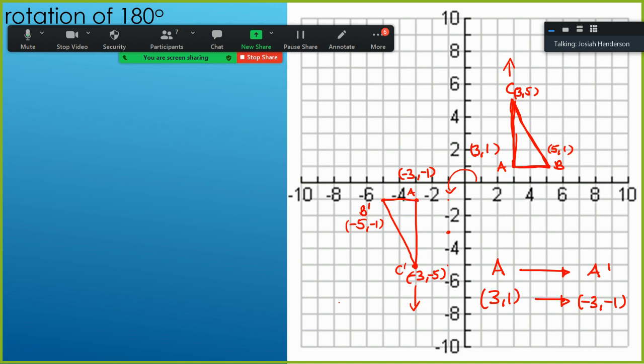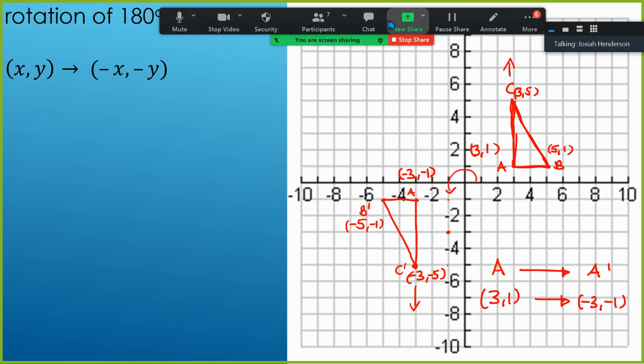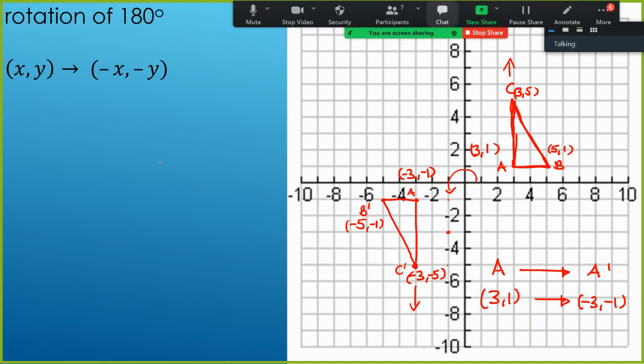Last time Levi pointed out that X and Y swapped and the Y number needs to become negative. So this time, I'm going to go ahead and just say this one. Here's our rule up on the left side. X and Y don't swap at all. They stay where they started, X, Y, but they both become negated. So all X's become -X, all Y's become -Y.